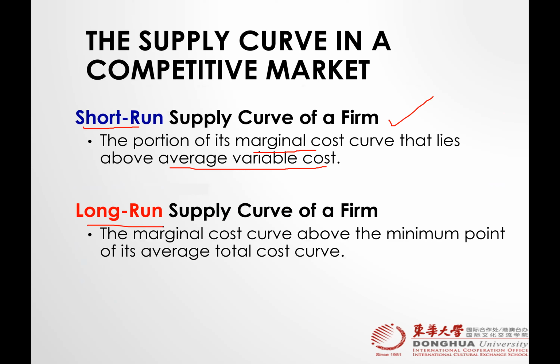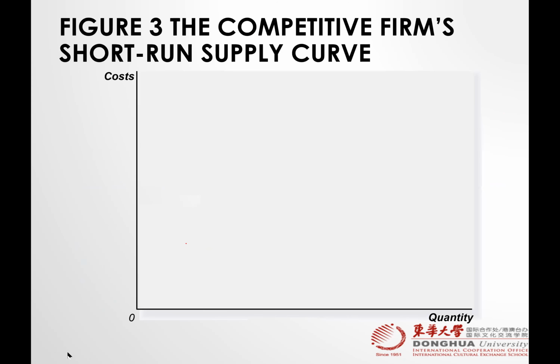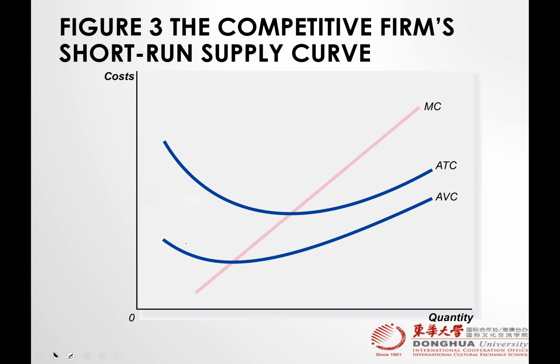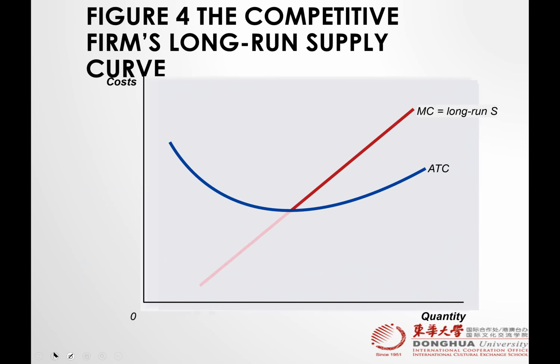The long run supply curve of the firm is the marginal cost curve above the minimum point of its average total cost, right? That portion which lies above the average total cost is the long run supply curve of a firm. This is the short run and this is the long run. That is the difference.